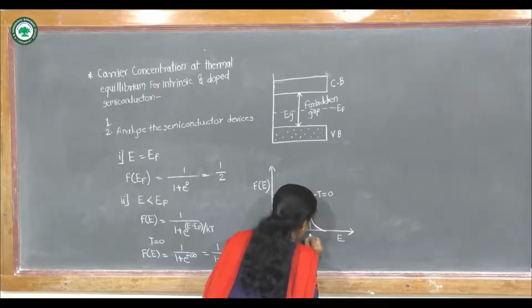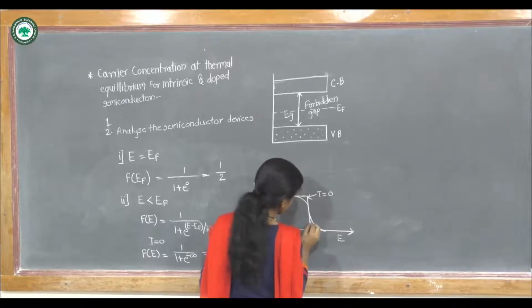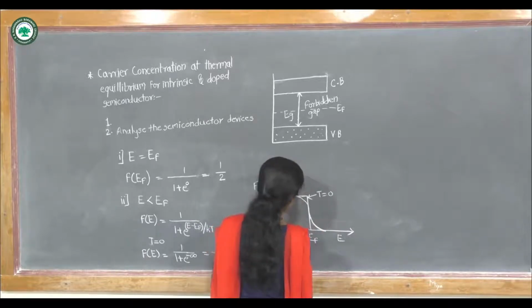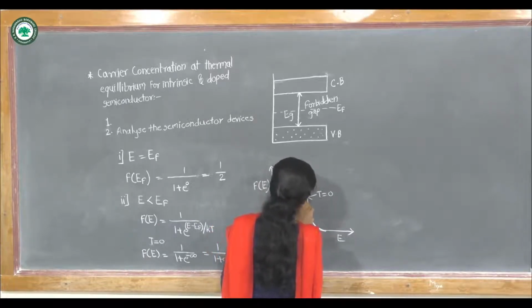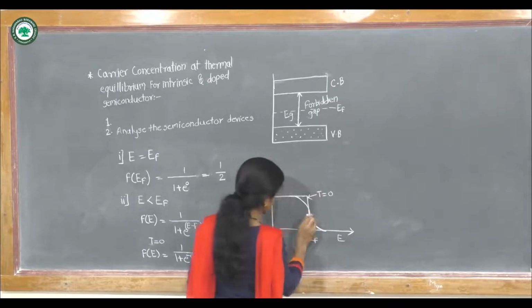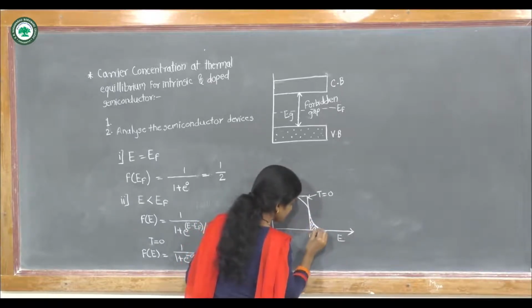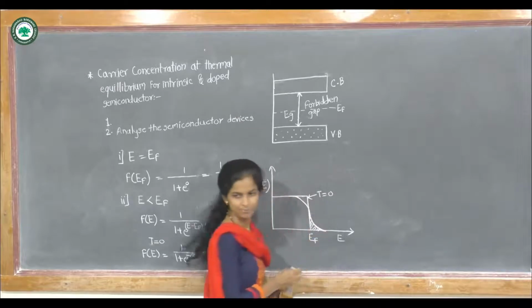So if this is the EF, then we will find some filled states and some empty states. So these are the filled states and these are the empty states.